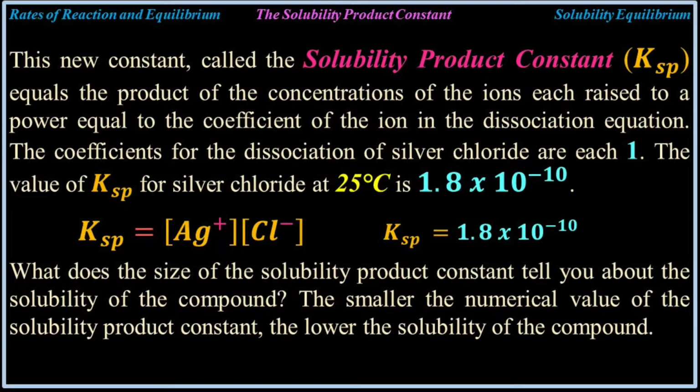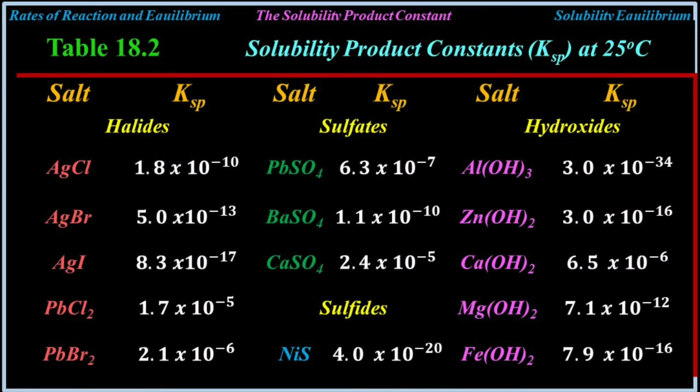What does the size of the solubility product constant tell you about the solubility of the compound? The smaller the numerical value of the solubility product constant, the lower the solubility of the compound. Here is table 18.2, solubility product constants, Ksp, at 25 degrees Celsius.